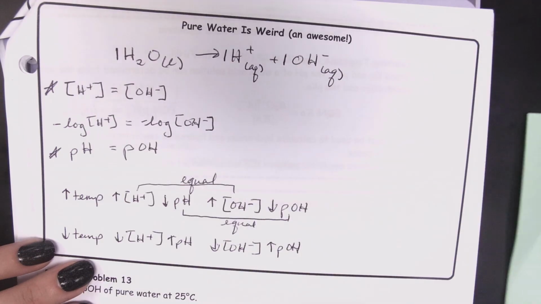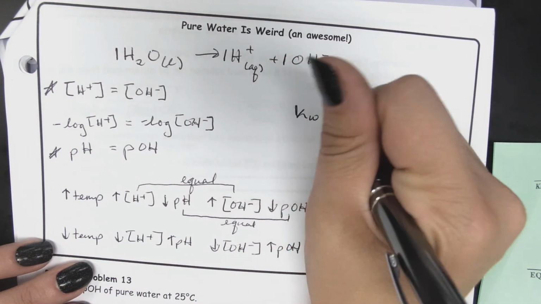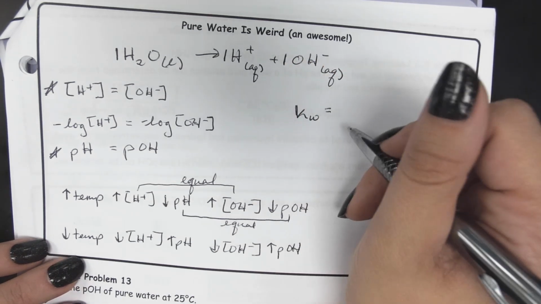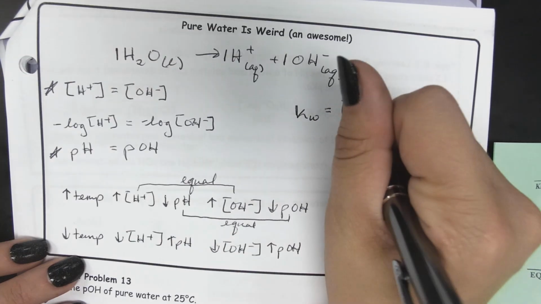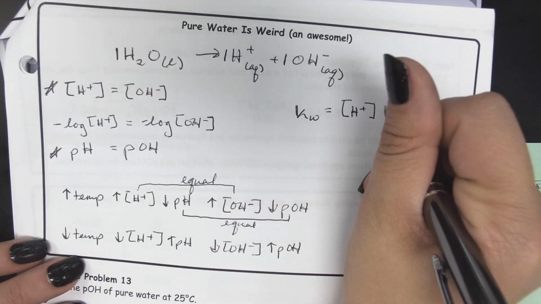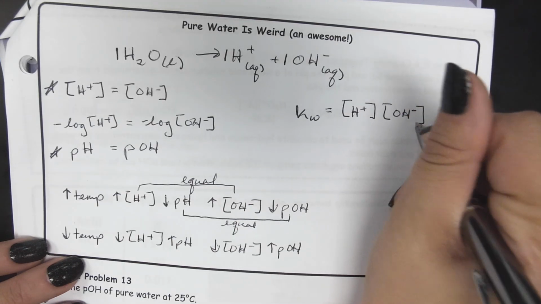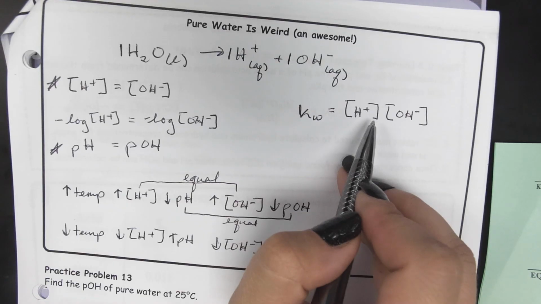But KW, which is a constant at certain temperatures, changes if the temperature changes. But KW will always equal the concentration of H plus multiplied by the concentration of OH minus. Okay, it doesn't matter what the temperature is, this is always true.